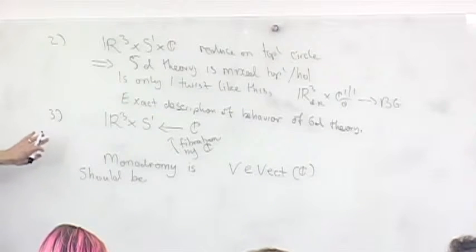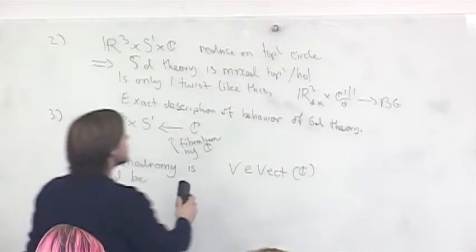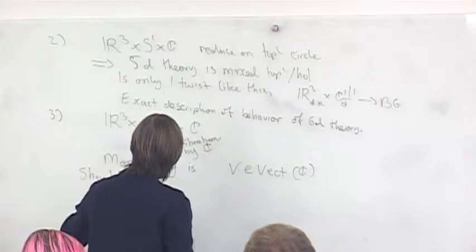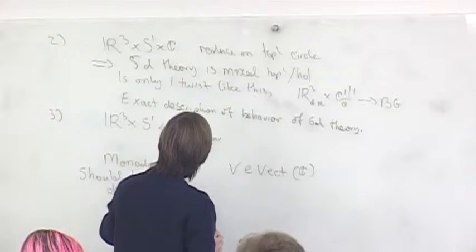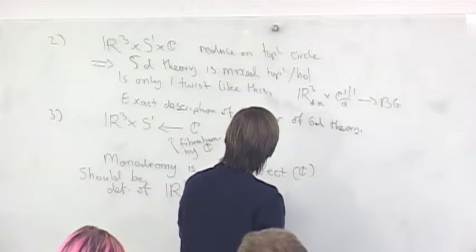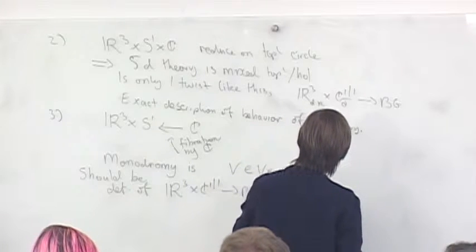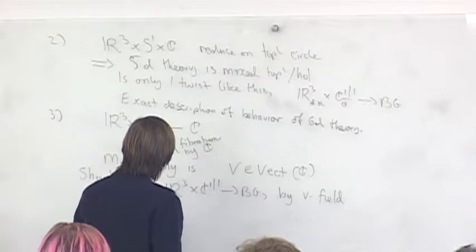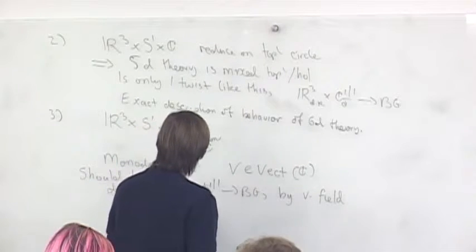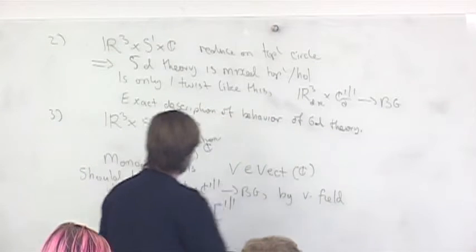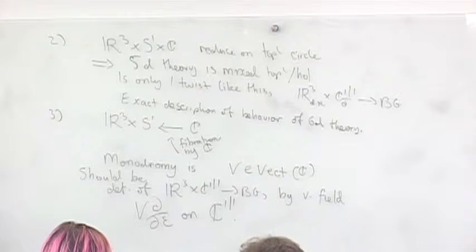I'll explain why this one is particularly interesting in a second. This should give us the deformation of the theory on R3 cross C1/1 to BG by the vector field V d by d epsilon on this space. Okay? I have no idea; this will turn out to be true.